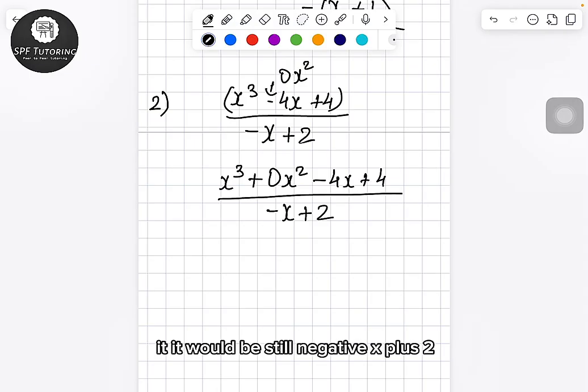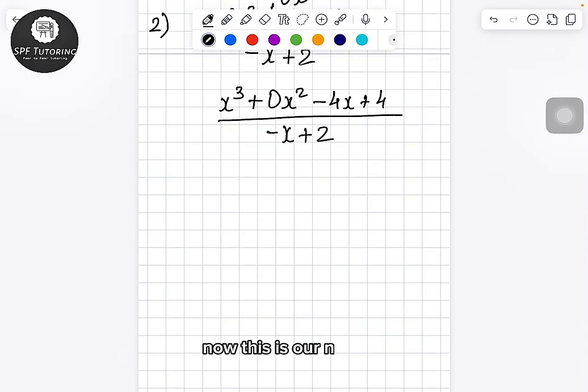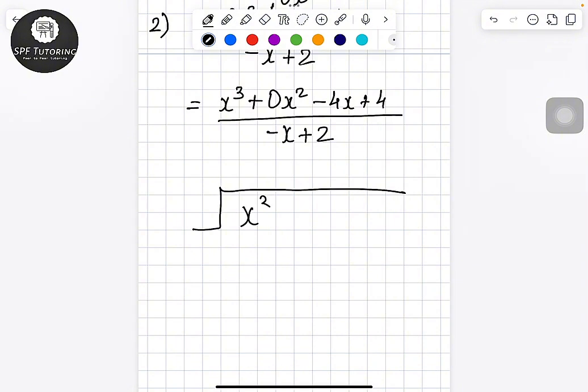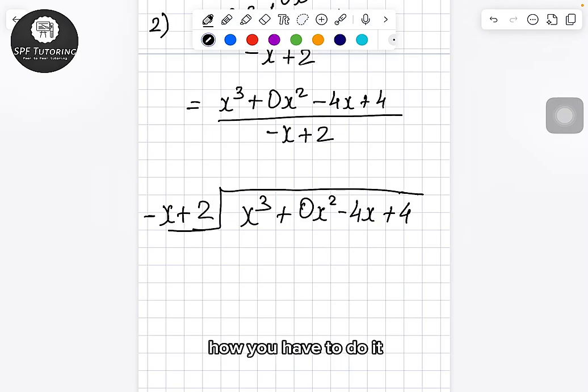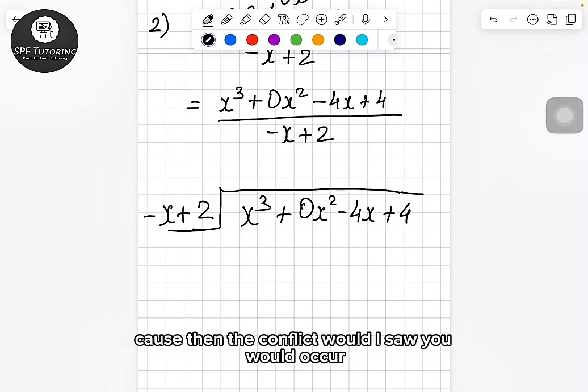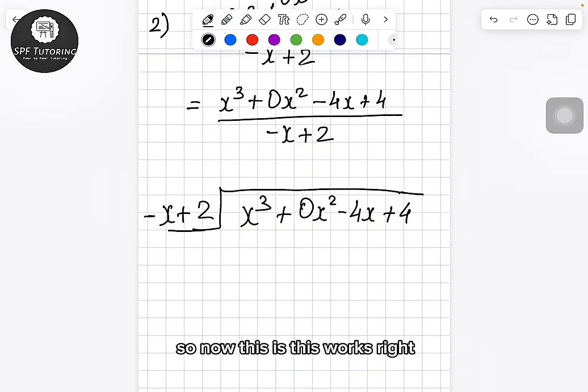It would still be negative x plus 2, because we want it to stay as it is. Now this is our new basic question. This is actually how you have to do it, because otherwise the conflict I saw would occur. So now this works, right?